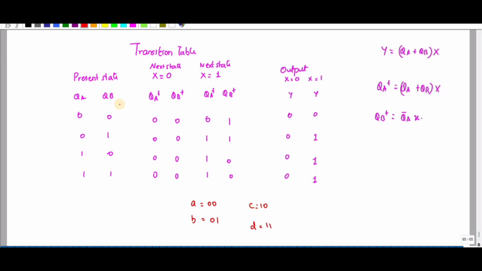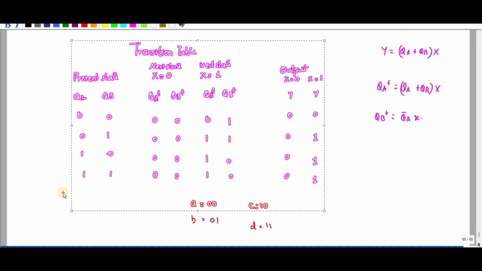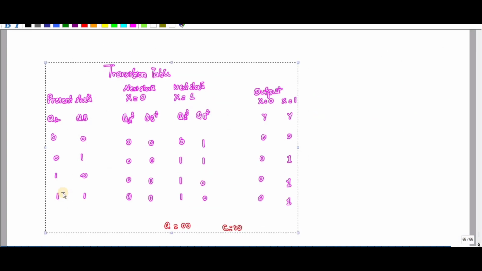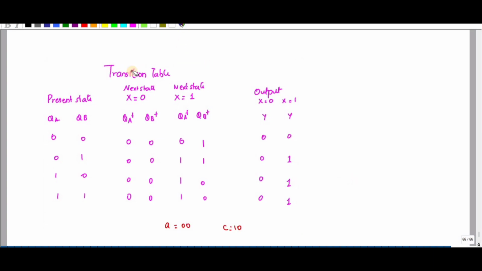So this becomes my state table, and this is A, B, C and D. So this value is under A, because I have assigned it, and this is B, D, C, C.